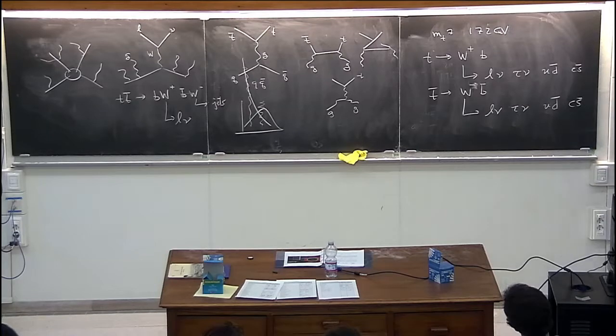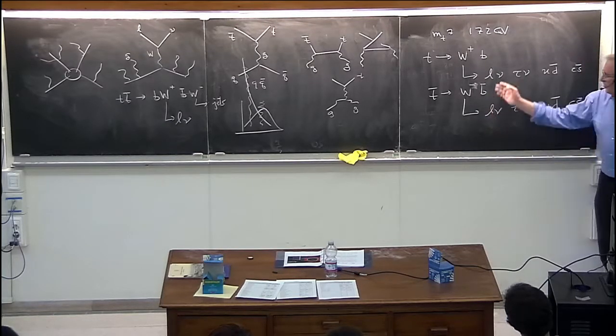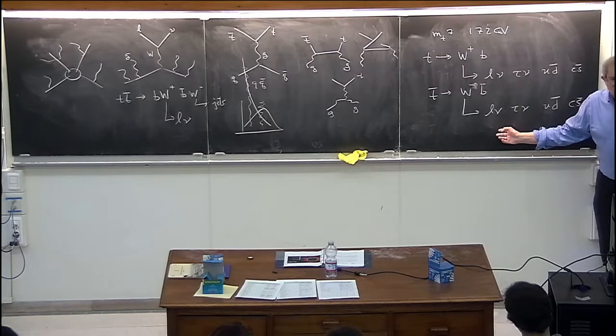What that means is that when you analyze top events, there are three different classes, which are rather different from one another. The cases where you have hadrons on both sides, the so-called semi-leptonic events where you have leptons on one side and hadrons on the other side, and the dilepton events where you have leptonic decays on both sides.